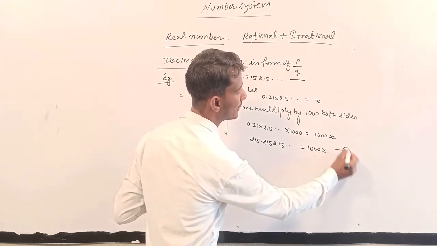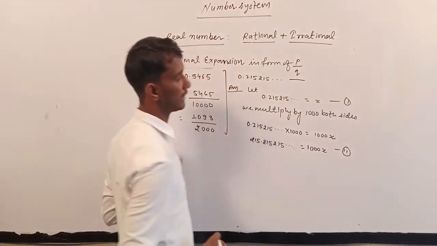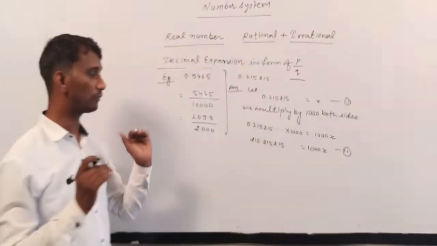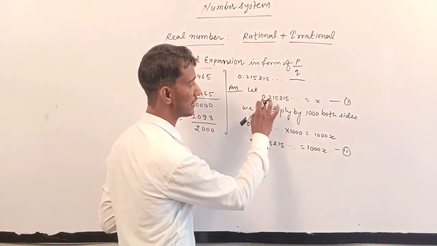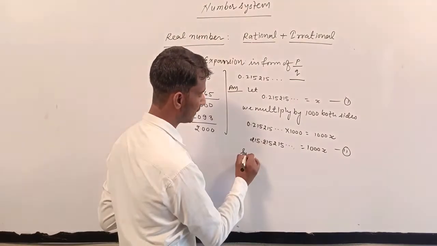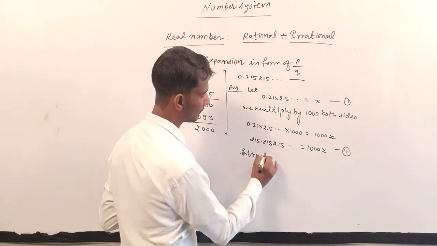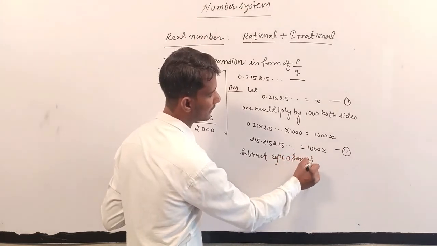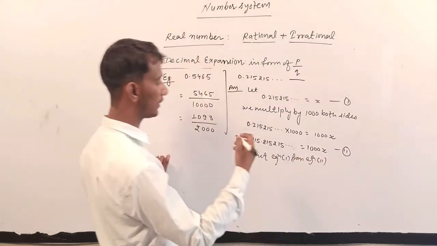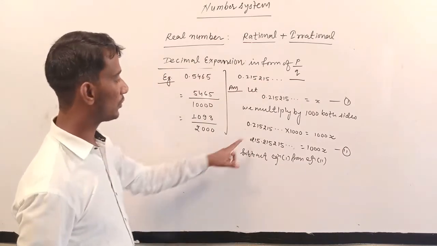This is your equation second and this is your equation first. Now, dear friends, this is a very important concept again. Subtract equation first from equation second. Okay, so start subtracting. What do you get?